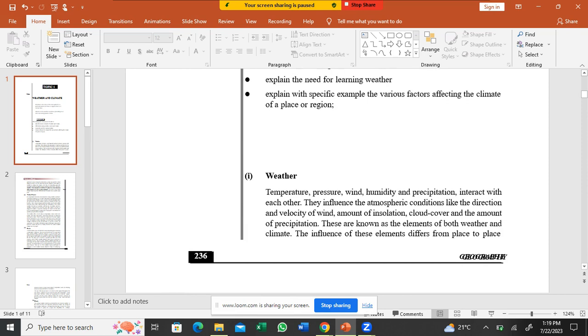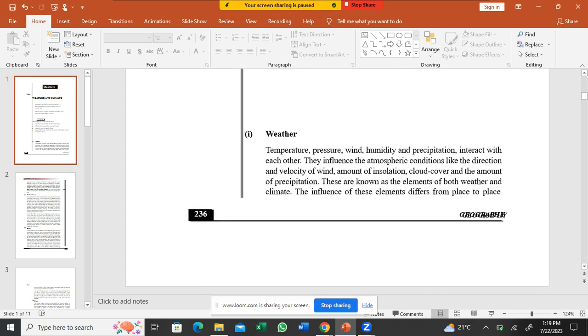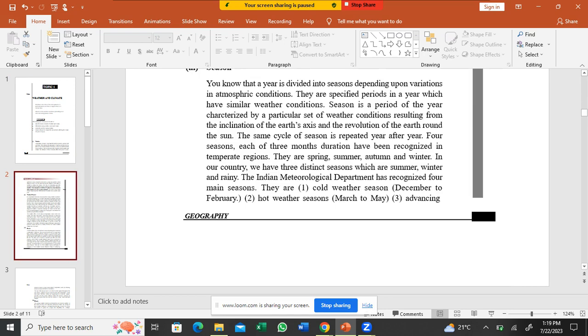Temperature, wind, humidity, and precipitation interact with each other, and these are the elements of weather that help us to understand those atmospheric conditions. The influence of the elements of weather differs from time to time and place to place.